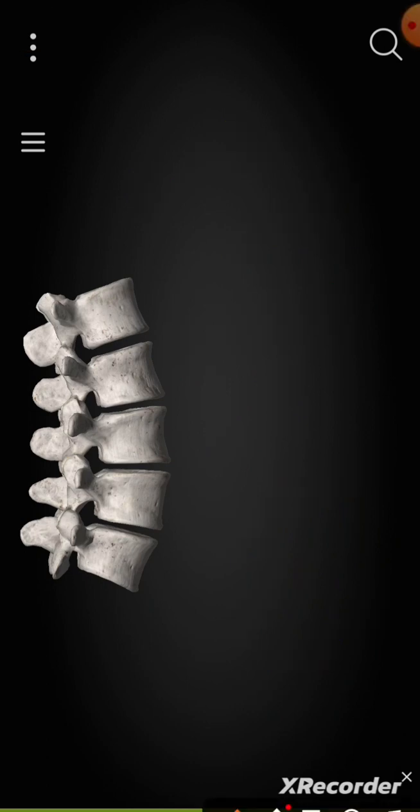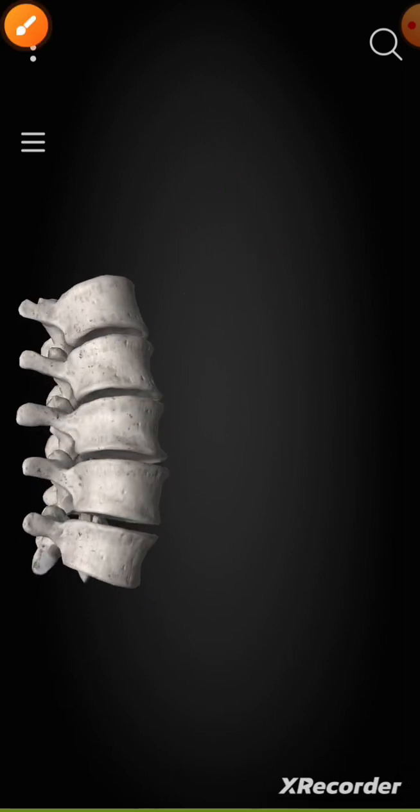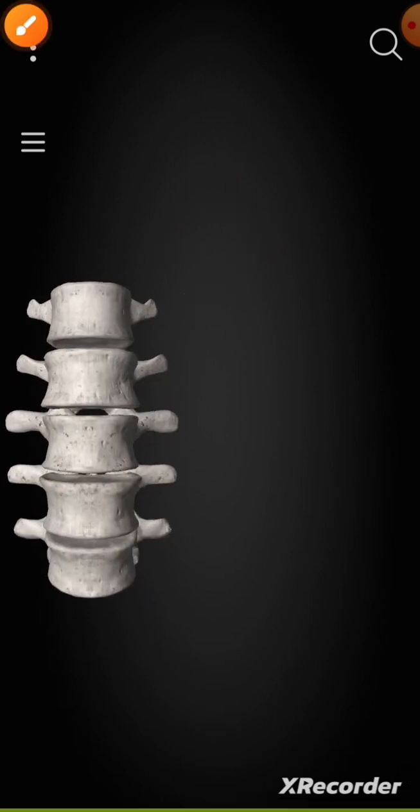In the spinous process there is no bifid process. Bifid process in the spine was only in cervical vertebrae. In lumbar vertebrae it is not present, and the size of the body increases from top to bottom. Just keep that in mind.